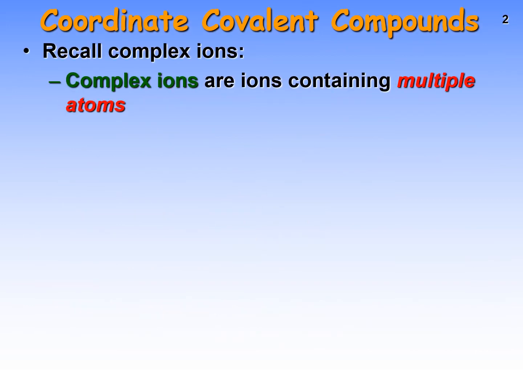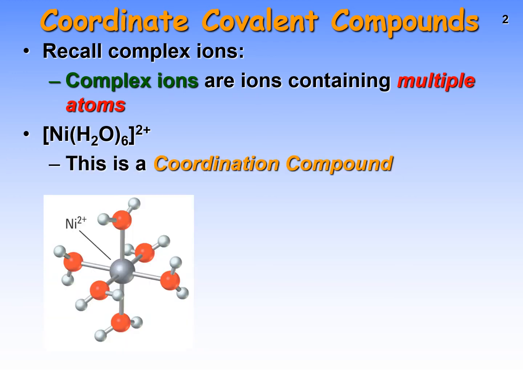So let's talk a little bit more about complex ions. Complex ions are ions containing multiple atoms. Usually a metal atom is involved in a complex ion. Something like this is a complex ion. We saw them first in our Le Chatelier's principle lab. In this case, this is what we call a coordination compound.